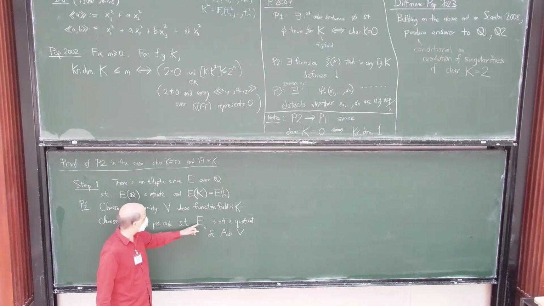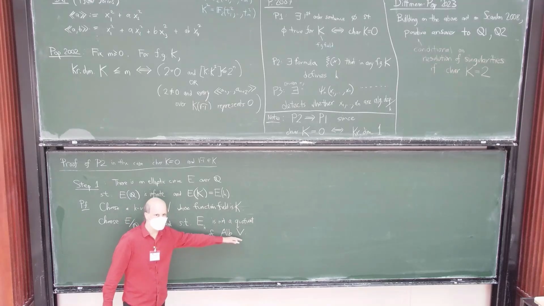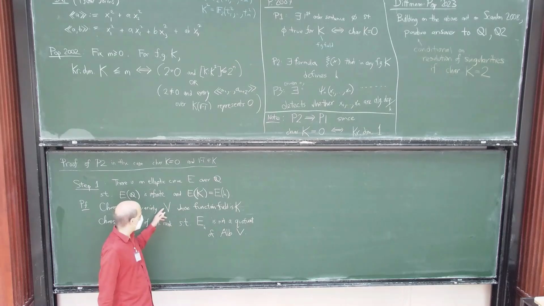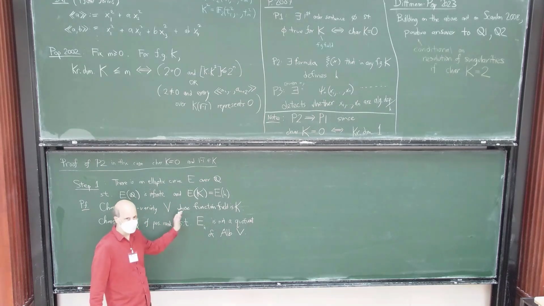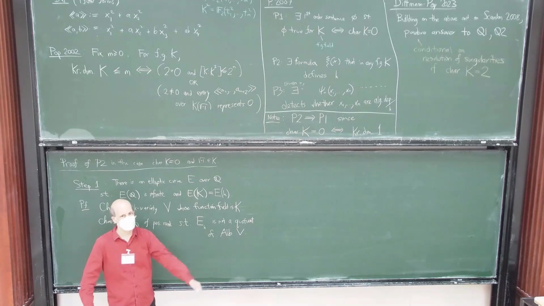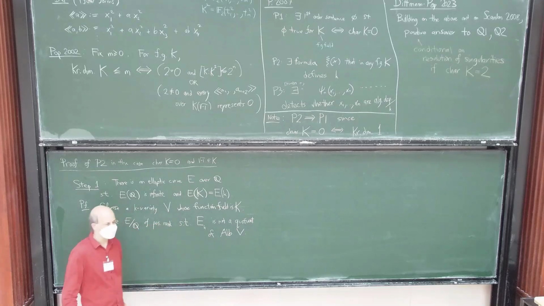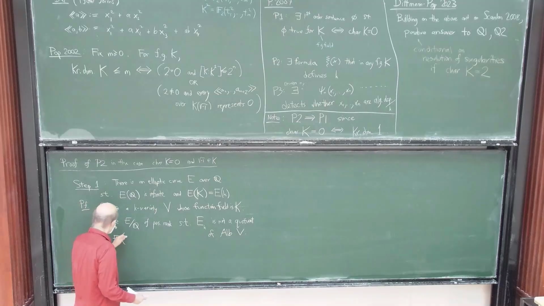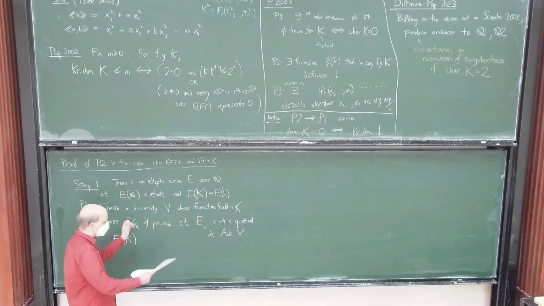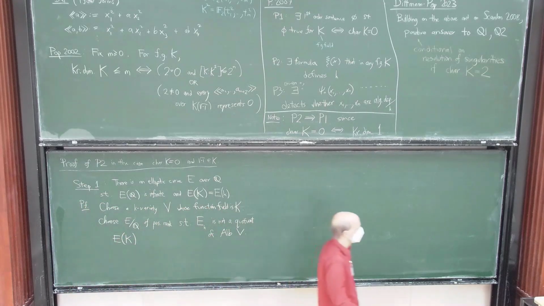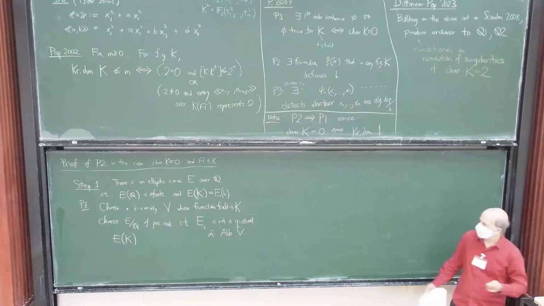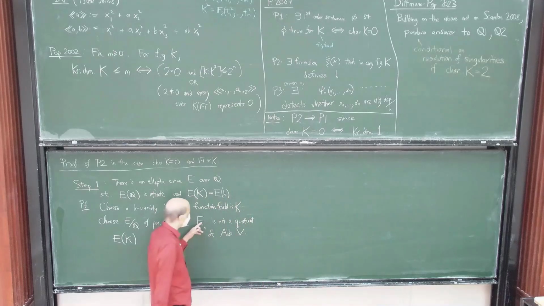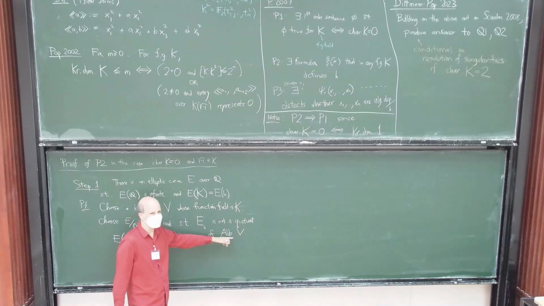And so by choosing an elliptic curve that's not a quotient of this, you're getting an elliptic curve for which there are no maps from V to E at all, except the constant ones, just sending the whole variety to a point. And so once you have that, such an E will work. Maybe I should say why you can do this. For an abelian variety, there are only finitely many isogeny types of elliptic curves that can appear as quotients.